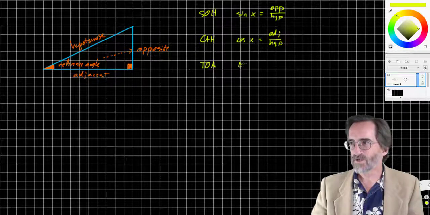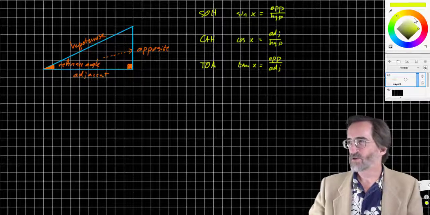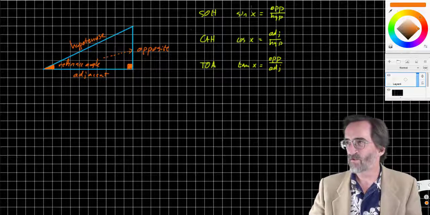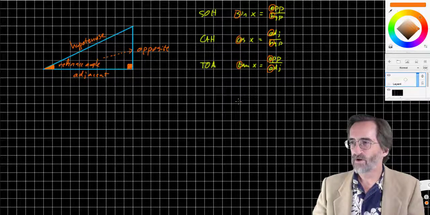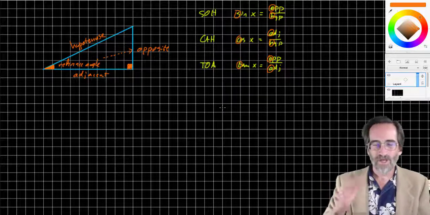The tangent of an angle is the opposite side over the adjacent side, TOA. So take a look at how that works here. SOH, CAH, TOA. Sine, cosine, and tangent.